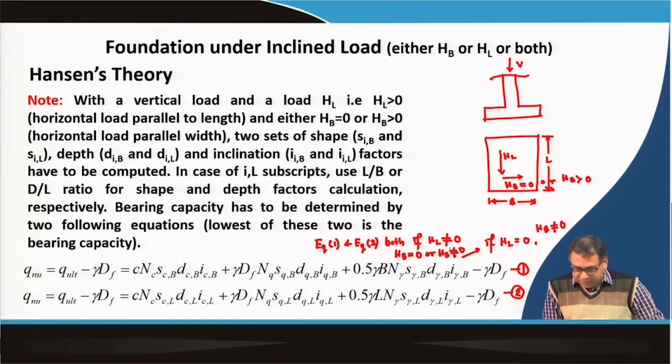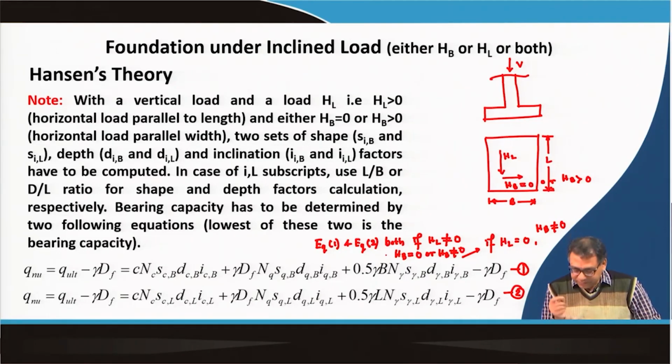So, what is the difference between the two equations? As I mentioned, you have to interchange the L and B. In the first equation, the factors we calculate the normal way, all in terms of B. That means B by L, d F by B, the way it is given, and in the third term we use B. If it is eccentric loading, then you have to go for B dash.